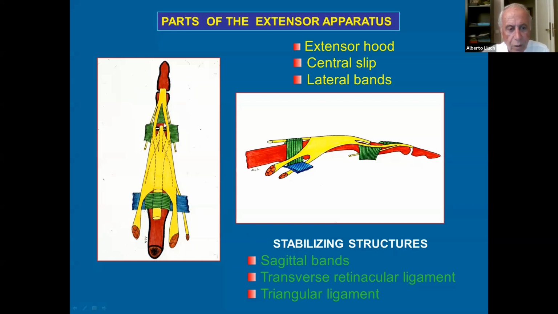The triangular ligament unites and holds together both the lateral bands to prevent them from displacing excessively anteriorly. So sagittal bands stabilize the extensor tendon, the transverse retinacular ligament prevents the lateral bands from going excessively dorsal, and the triangular ligament prevents the lateral bands from going excessively volar. And this is the oblique retinacular ligament that we will discuss later on.